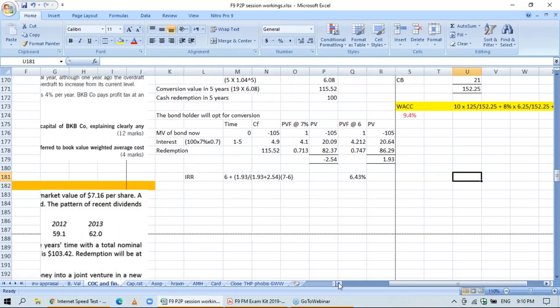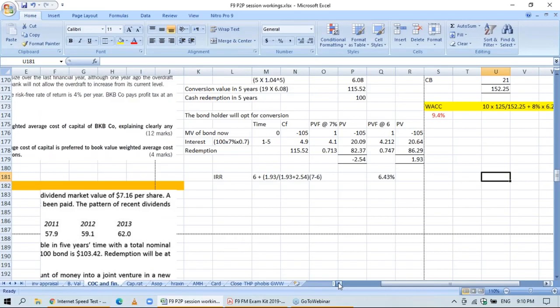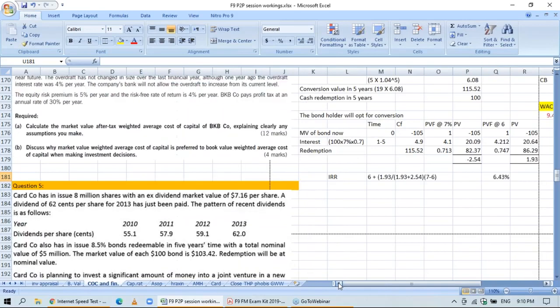Okay, so students, what's next? The question asks for, let's move on to requirement B. Requirement B is, discuss why market value weighted average cost of capital is preferred to the book value weighted average cost of capital.